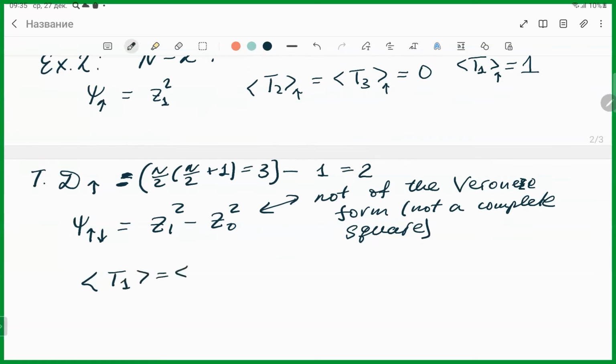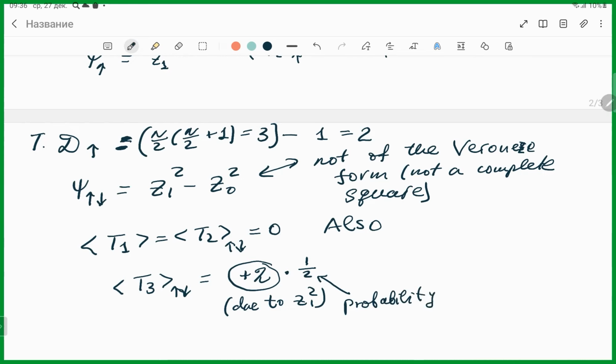This is due to z1 square with a probability 1/2 plus minus 2 times 1/2.